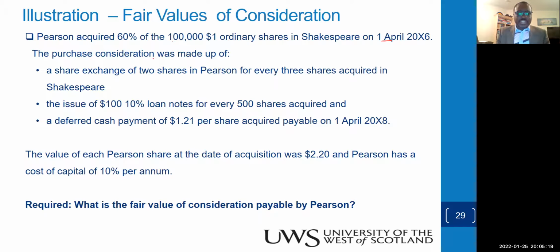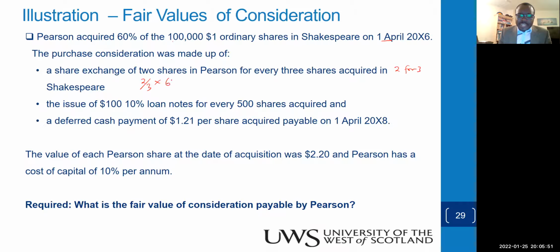So the purchase consideration is made up of the following. We have not been given the exact amount. We need to find it, okay? A share exchange of 2 shares in Pearson for every 3 shares acquired in Shakespeare. So for every 3 shares in Shakespeare, the parent will give you 2. So it is 2 for 3 times what?